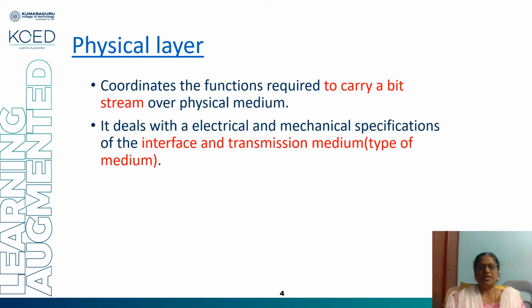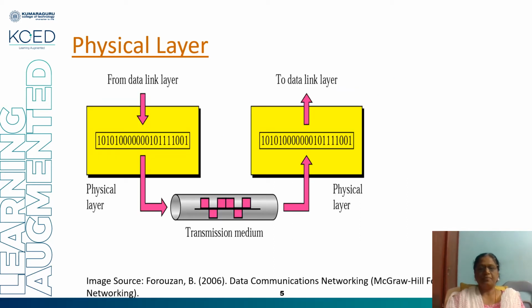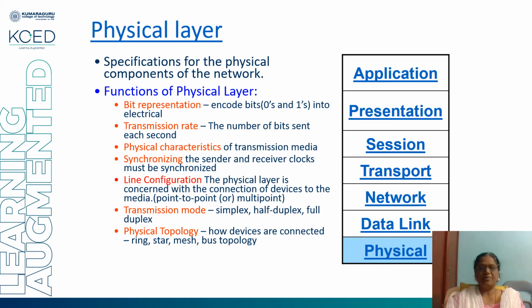Now, we see about the detailed functions of each layer. As we know, the function of physical layer is to carry a bit through the transmission medium. The transmission medium could be either a guided medium such as a wired cable or fiber optic, or it could be an unguided medium such as a wireless communication.